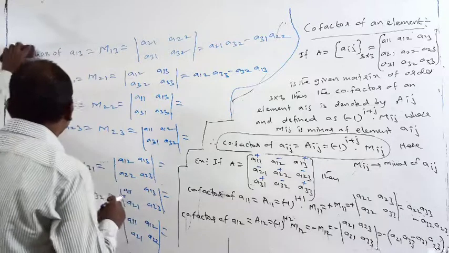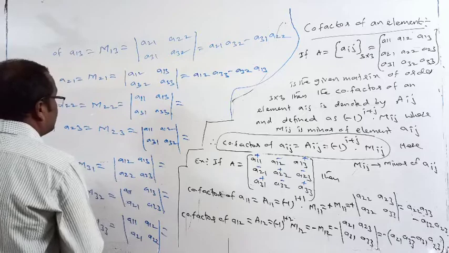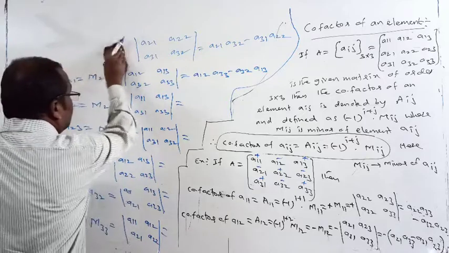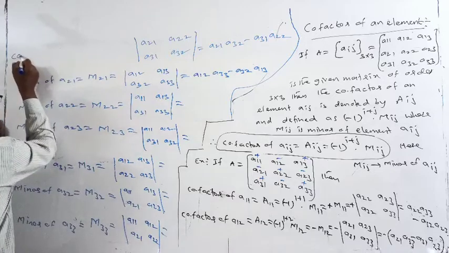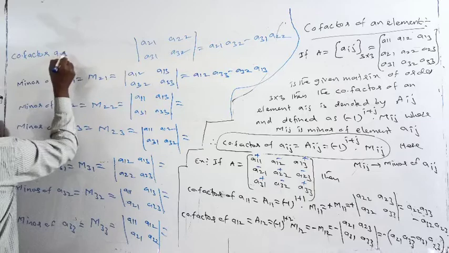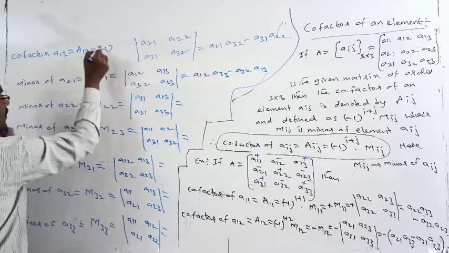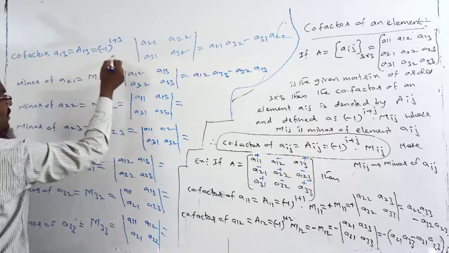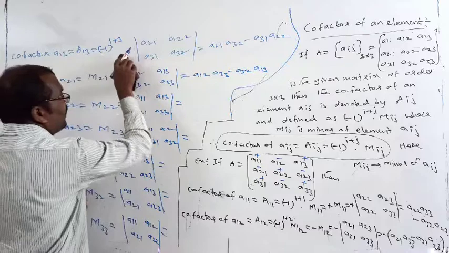So here see this one, cofactor of A13 is capital A13, minus 1 whole power 1 plus 3 into M13.